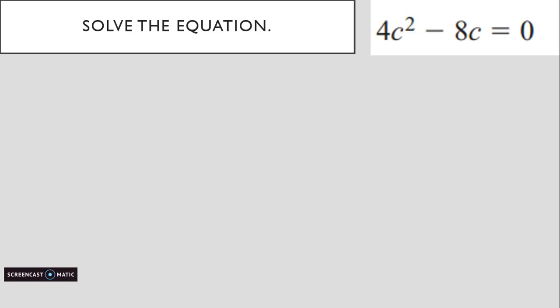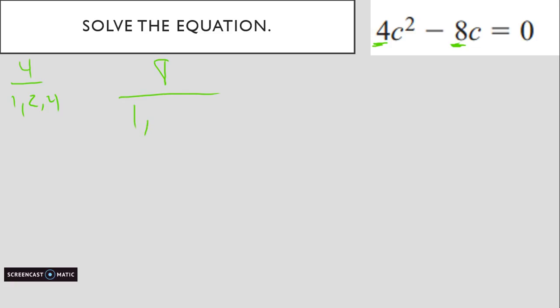Next one here. Go ahead and think to yourself, what do you think the greatest common factor is? You've got 4 and 8 to look at. Okay, so the factors of 4: 1, 2, and 4.